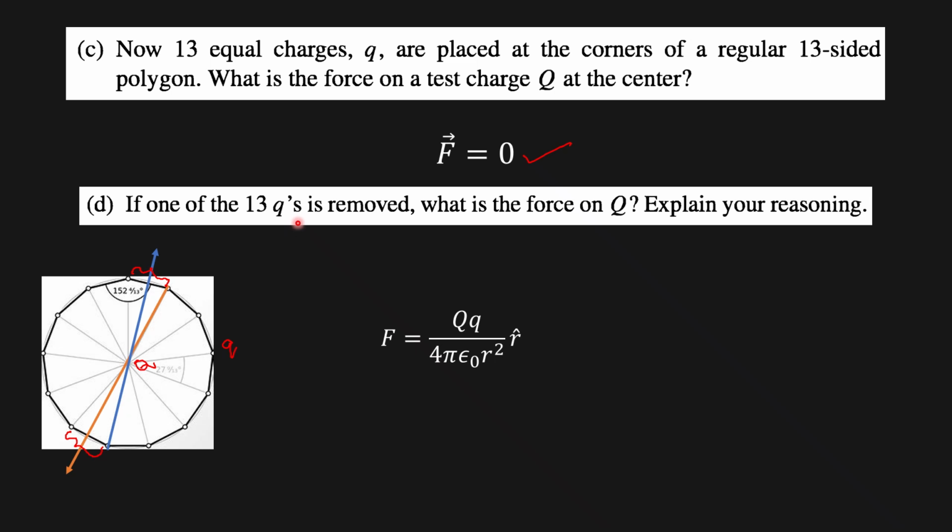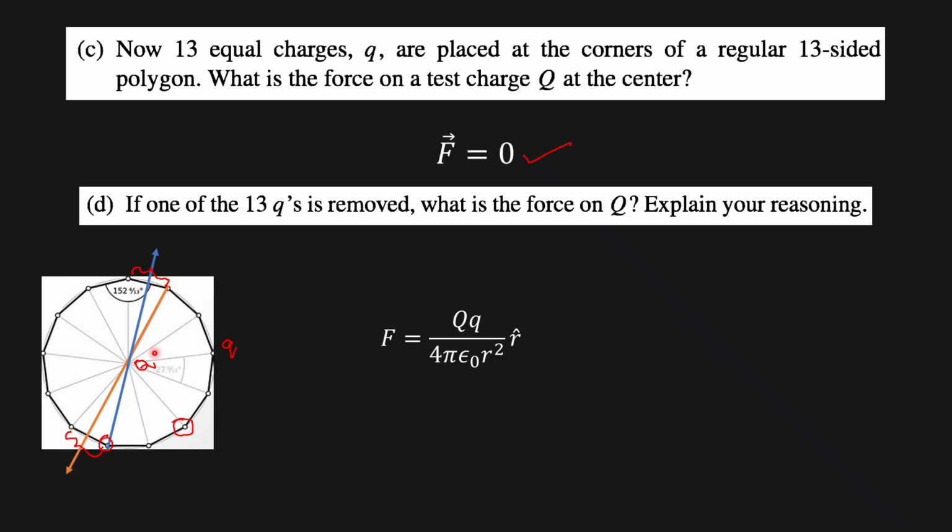Part D: what will happen if one of the 13 charges Q is removed? What is the force on Q? Explain your reasoning. Same thing as I explained in part B. Let us say I am removing this charge.